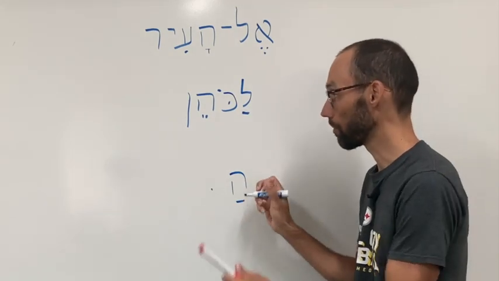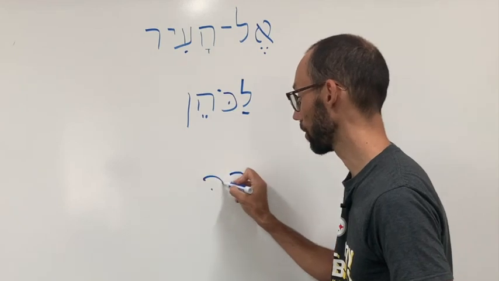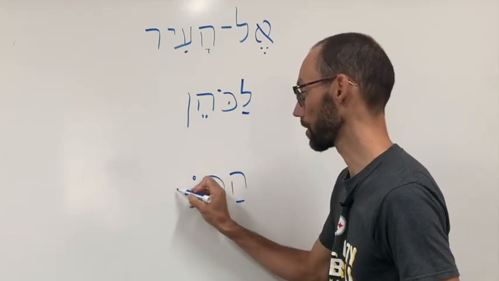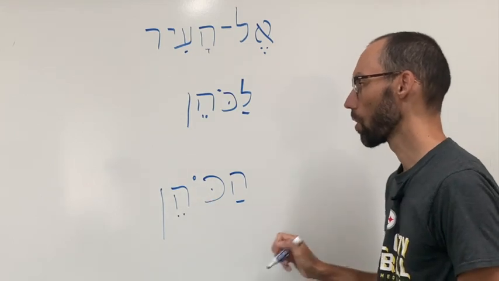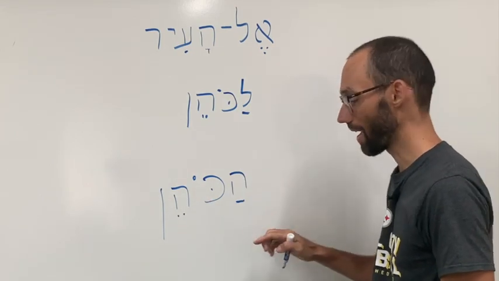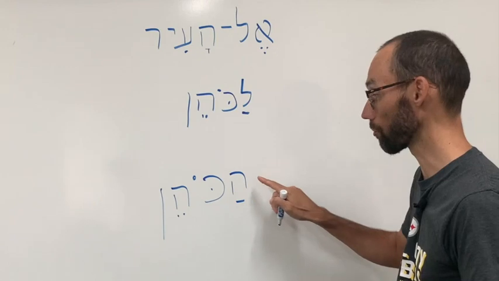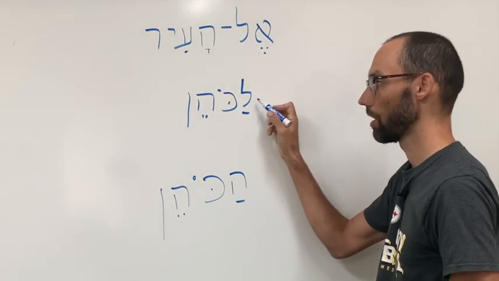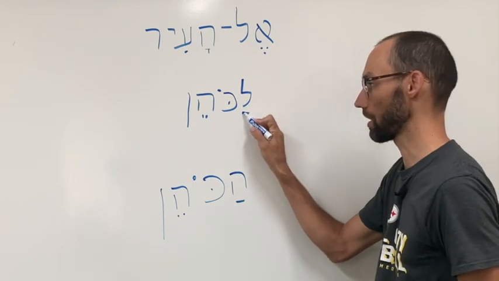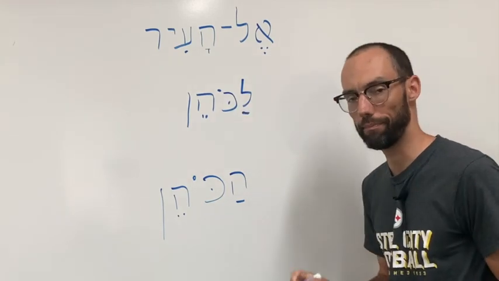We had the word the priest, kohen. When we add something onto it, the hey, because it's a weak letter, drops out, leaving you with this. The way you know it's for the priest is because of the vowel and the doubling dot.